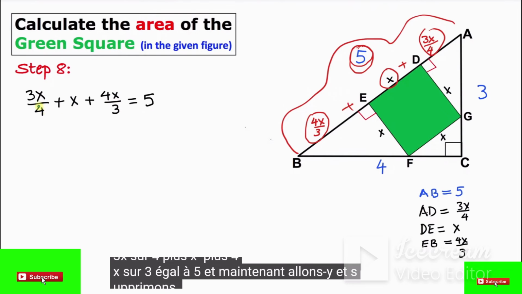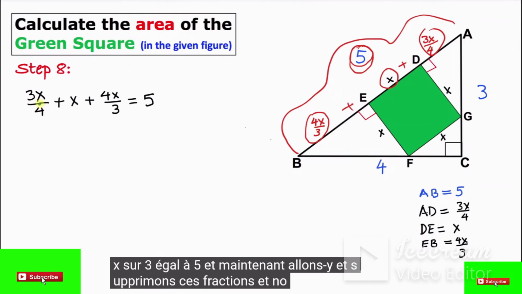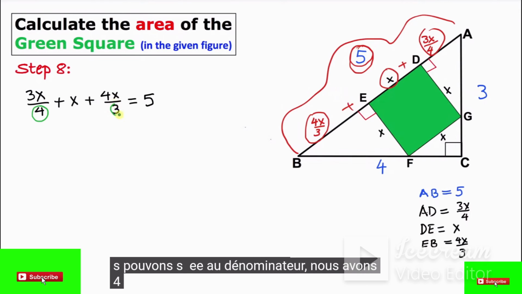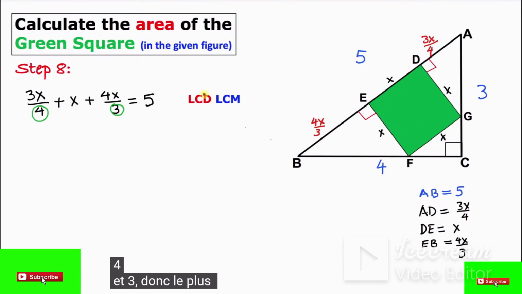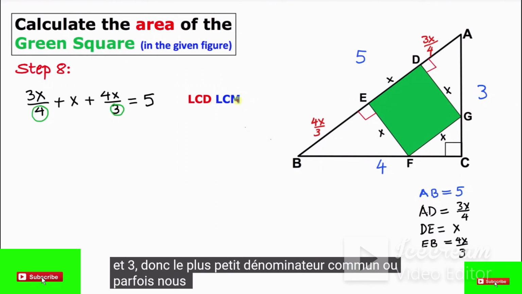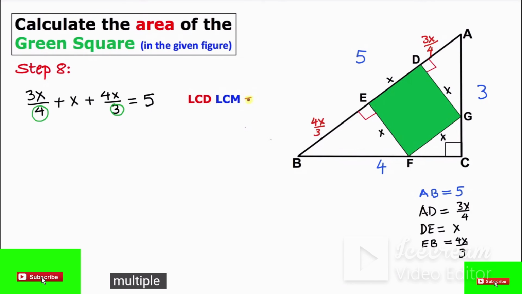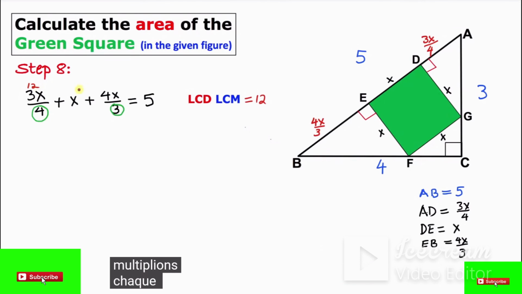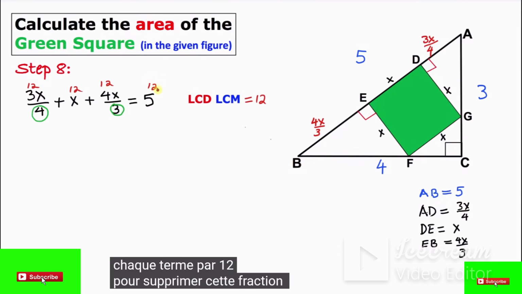And now let's go ahead and remove these fractions. At the denominator we got 4 and 3, so the least common denominator, or sometimes we call it least common multiple, is going to be 12. So let's multiply each and every term by 12 to remove the fractions.